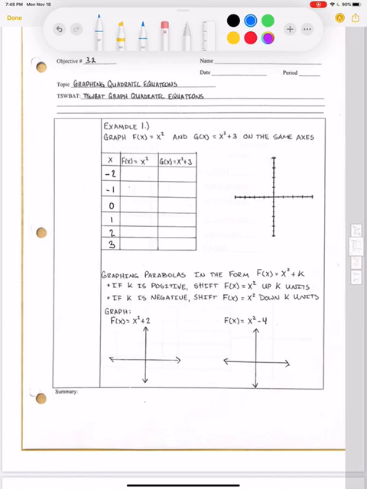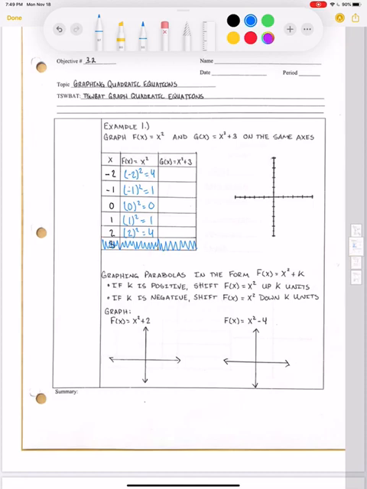When I plug this in, this becomes negative 2 squared, which is 4, negative 1 squared, which is 1, 0 squared, 0, 1 squared, 1, 2 squared, 4. You know what, we're actually not going to do 3 because 3 squared would be 9, and we're not going to have enough room on our graph.